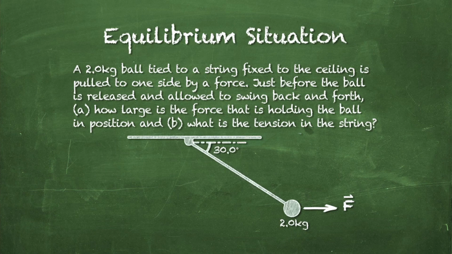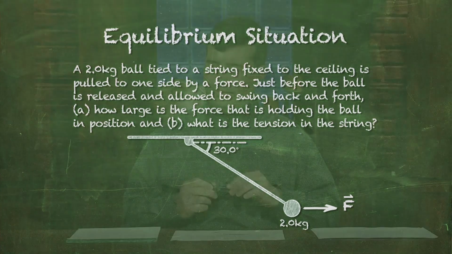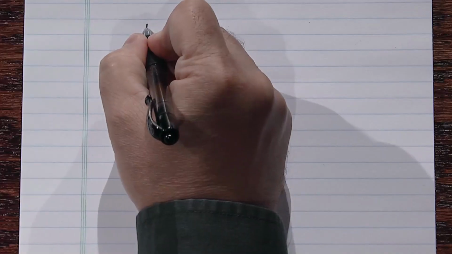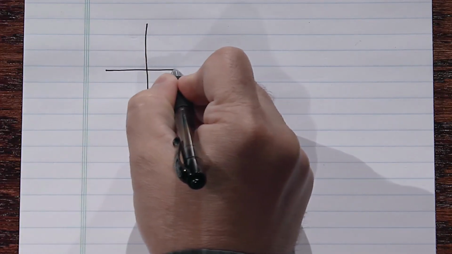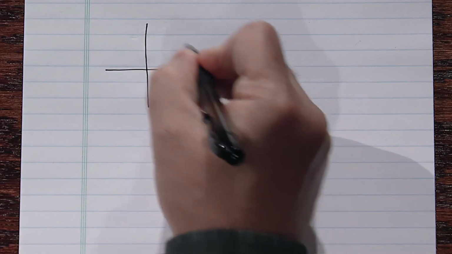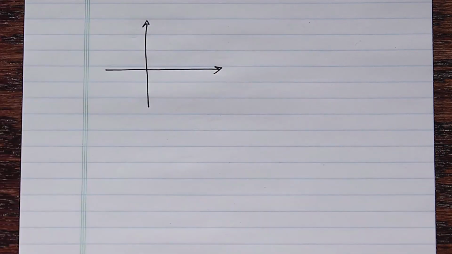But let's redraw the diagram. Remember that our first step in solving any situation is to draw a diagram. So I will redraw that diagram for you. The first thing to ask ourselves is, what is the central object under consideration here? What is the object that all of the forces are being exerted on?